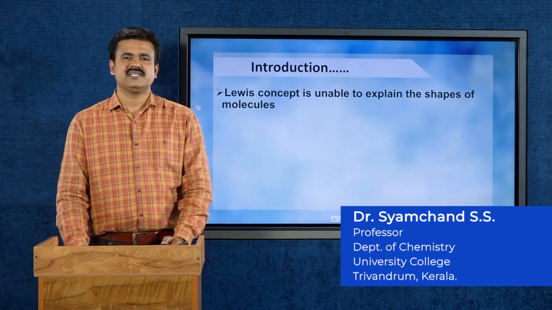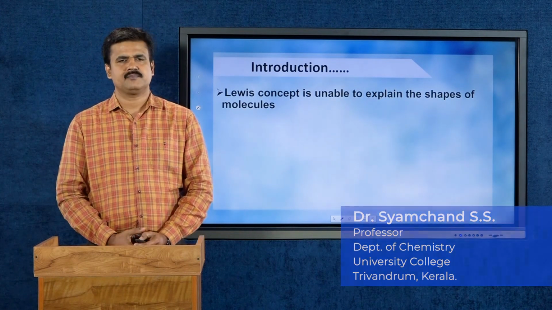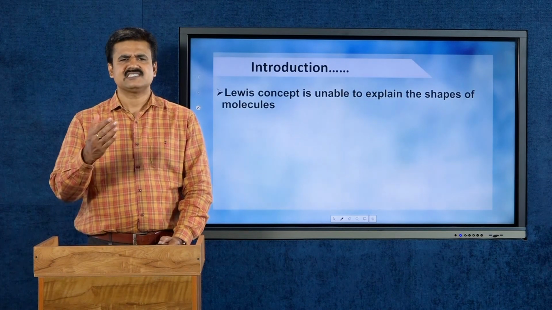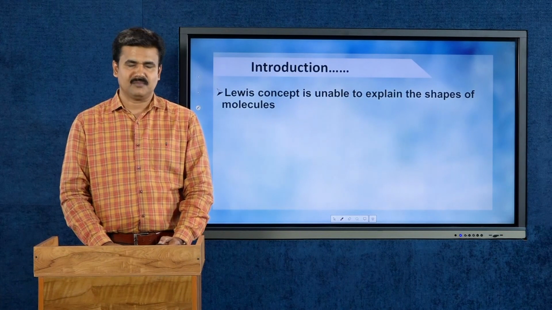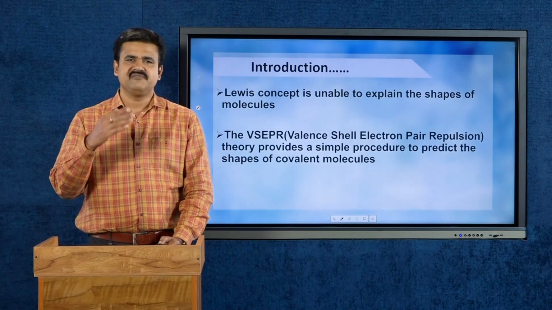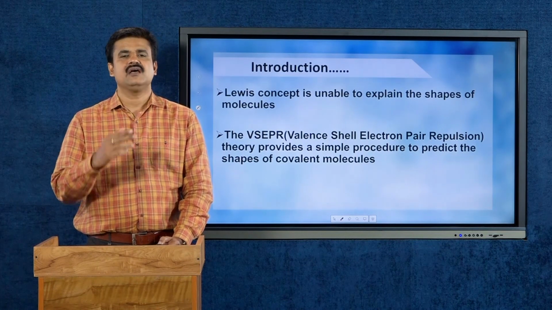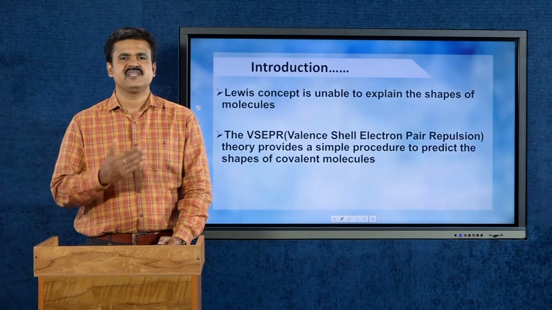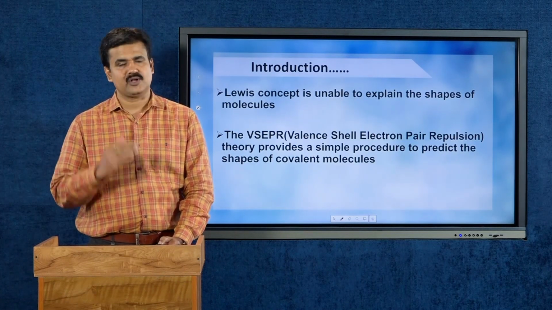Lewis' concept is unable to explain the shape of molecules. You are familiar with the Lewis concept of covalent bond. It is unable to explain the shape or geometry of molecules. The VSEPR theory, that is valence shell electron pair repulsion theory, provides a simple procedure to predict the shape of covalent molecules.